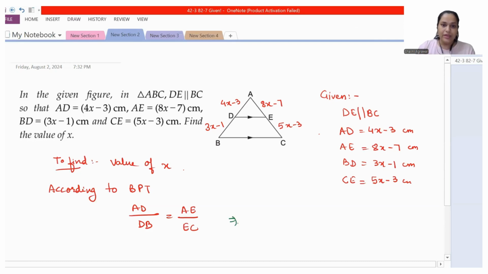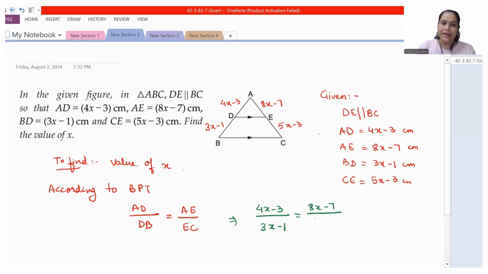So here I got AD 4x minus 3 upon DB 3x minus 1 is equal to AE 8x minus 7 upon CE, that is 5x minus 3. Now how will I proceed? I'll do cross multiplication.